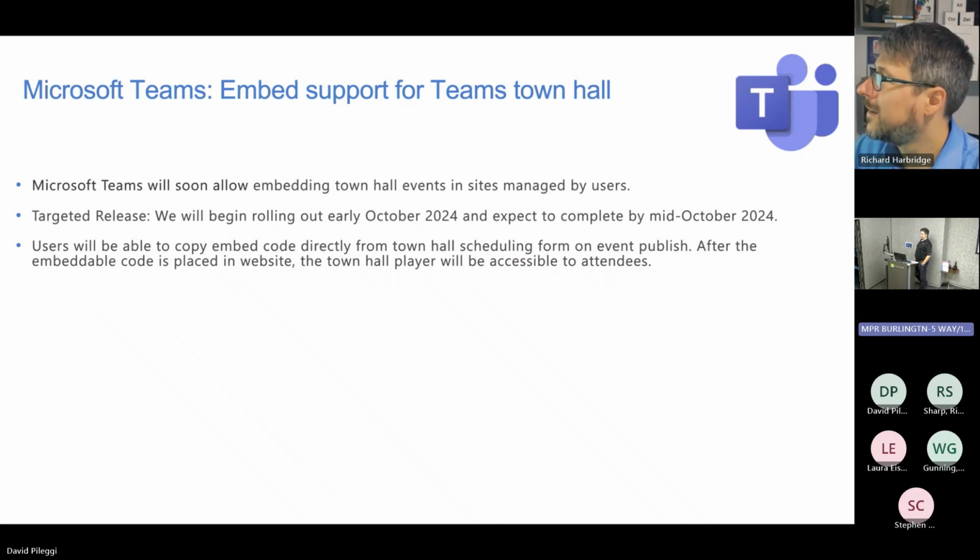Think of Town Hall as you're not broadcasting to the entire planet, but you have a large group of individuals. So instead of an all hands, let's say you have a company of 10,000 people, you're not doing an all hands for the entire company, but for a large part of your organization, 50%, Town Hall might be the solution for you. If it's not in there now, it's going to be there by the end of October. Keep an eye out for that.